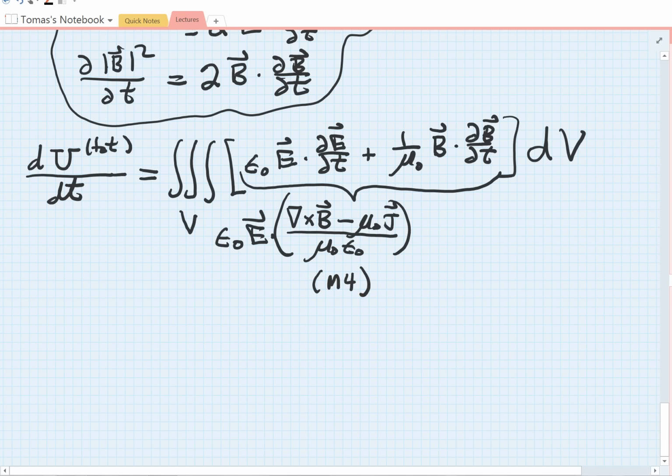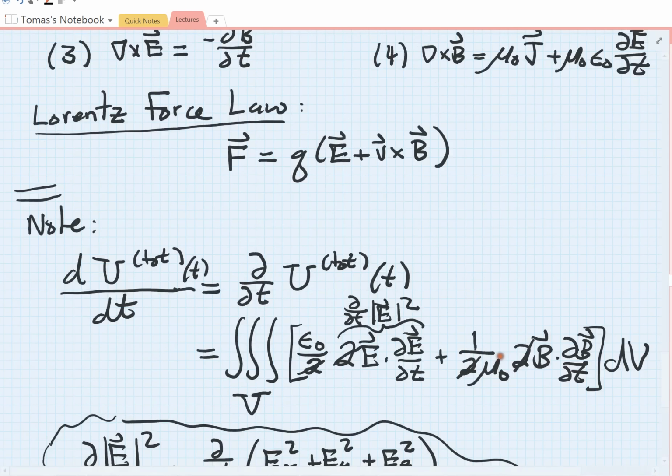And we're going to now look at the magnetic field term. But before we do that, I just wanted to notice we have a nice cancellation occurring here. I've got epsilon naught in the numerator and in the denominator, so those epsilon naughts will cancel out nicely for us. Now, how about the next term? The next term has 1 over mu naught times the magnetic field dotted with, now I need the time derivative of the magnetic field.